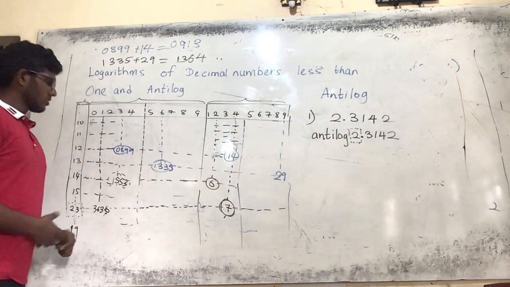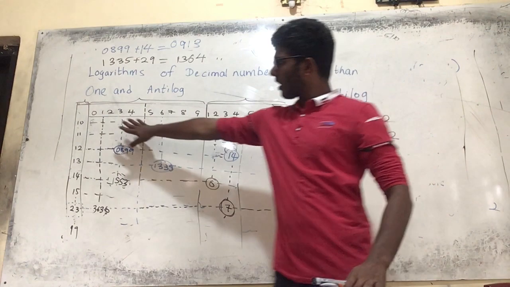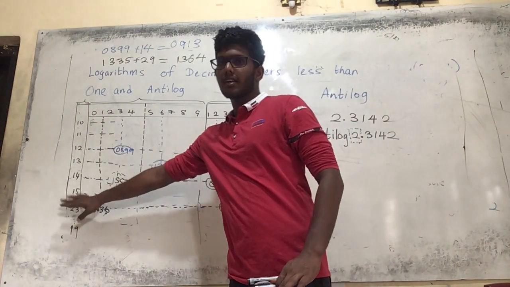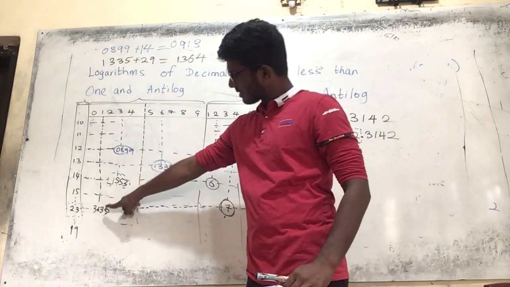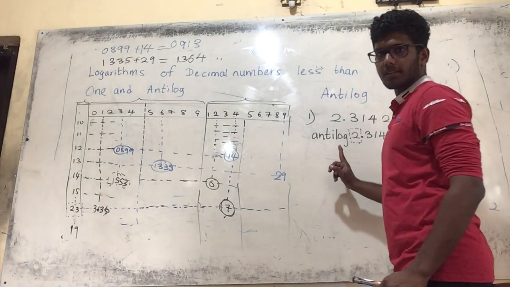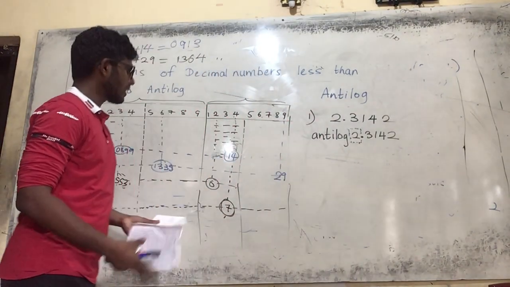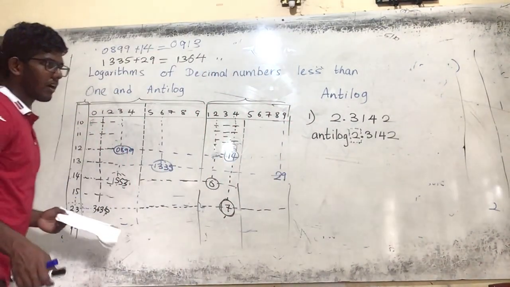Okay? So here from this column, not from this column, from this column, just like this. Your antilog is doing the reverse of logarithm. So you have to go down until you find 3, 1, 4, 2.